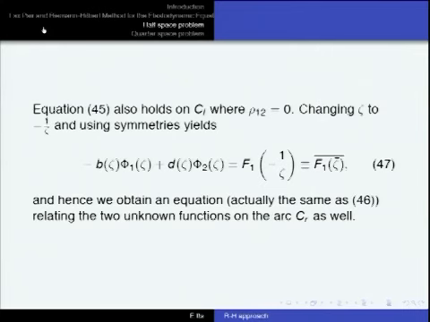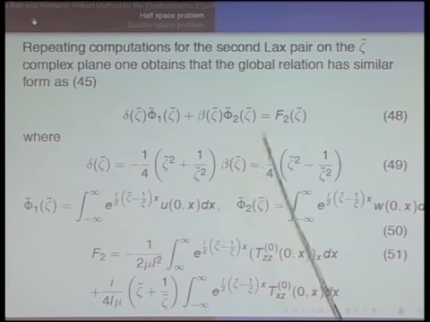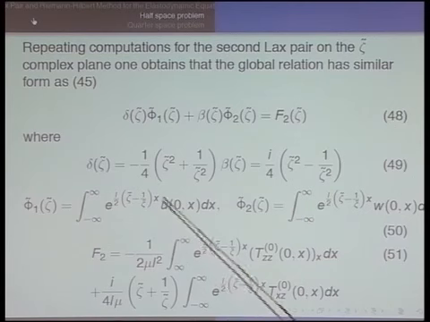However, we have the second Lax pair, and doing the same thing, similar thing, we could obtain a similar results. But of course, this second Lax pair, it is given on its own complex plane, zeta tilde.